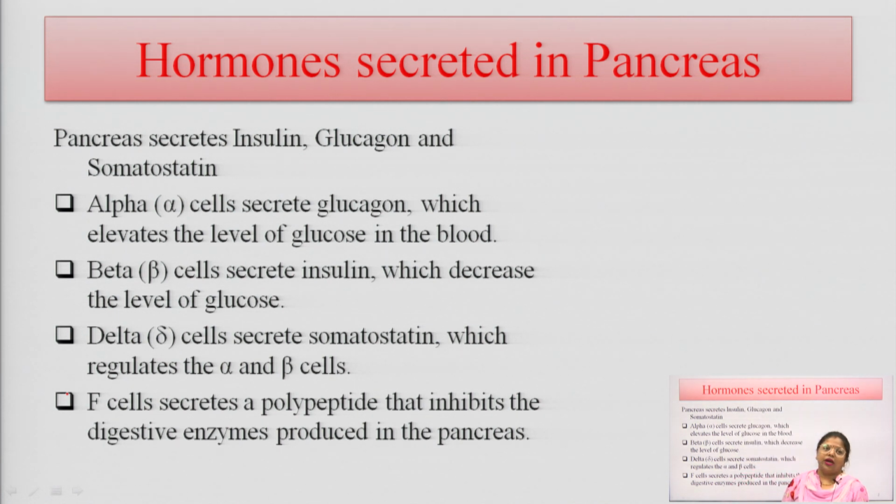blood sugar level. So, you all know that the pancreas secretes insulin, glucagon and somatostatin.